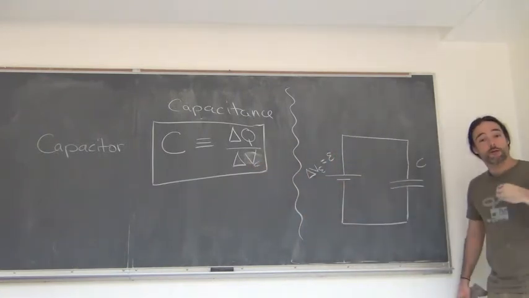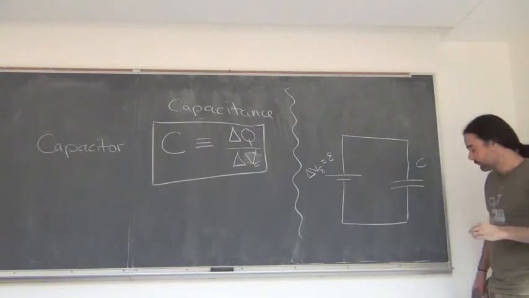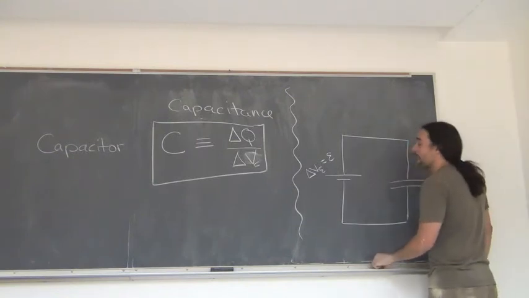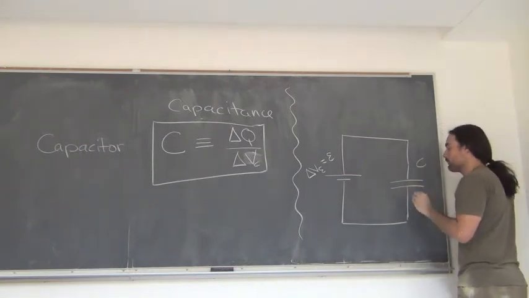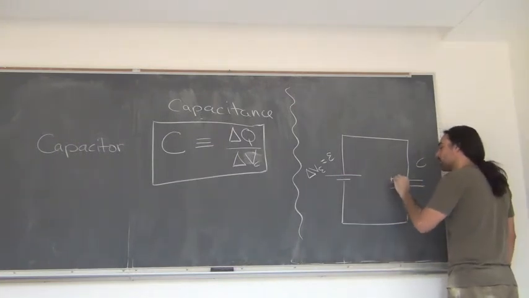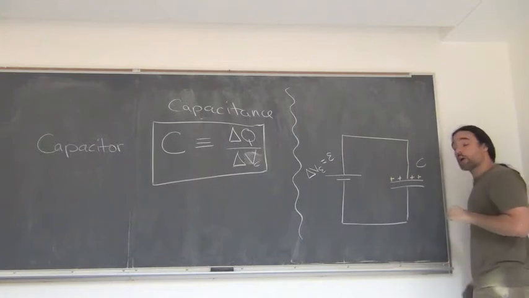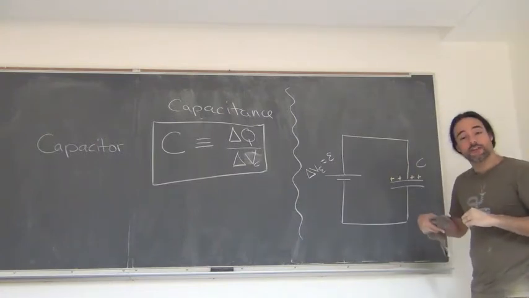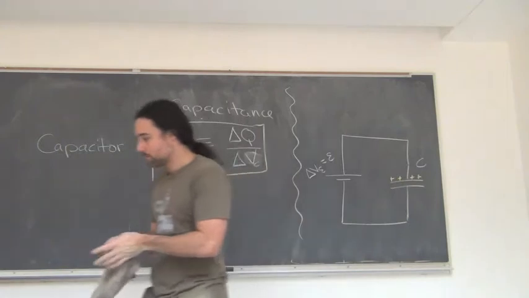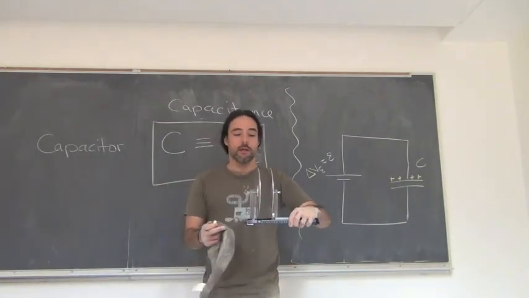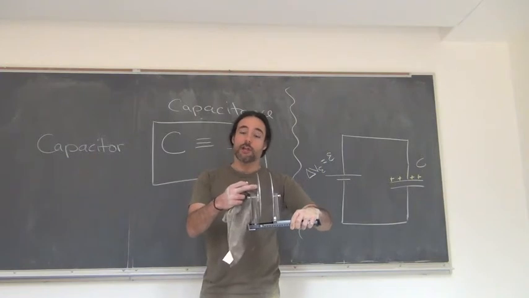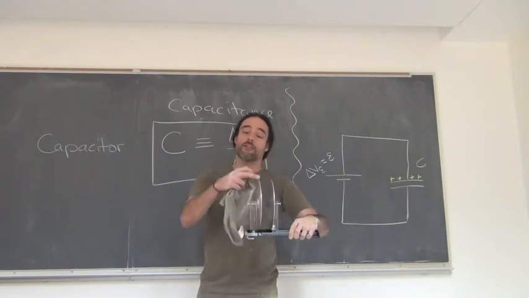My capacitor has some capacitance associated with it. What will happen is that for a very short amount of time, there will be a little bit of current that comes down, but the charges cannot jump across the gap in the capacitor. If I connect my two parallel plates to a battery, the positive charges will start to build up on a plate, but they can't get across to the other side.